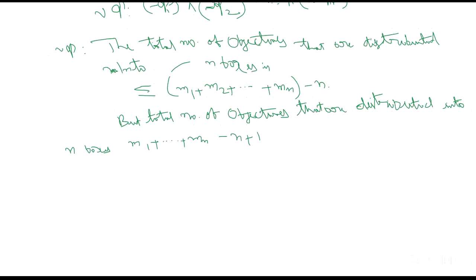That is, M1 plus M2 plus M3 and so on Mn minus n plus 1 is less than or equal to M1 plus M2 plus Mn minus n, which gives 1 is less than or equal to 0.